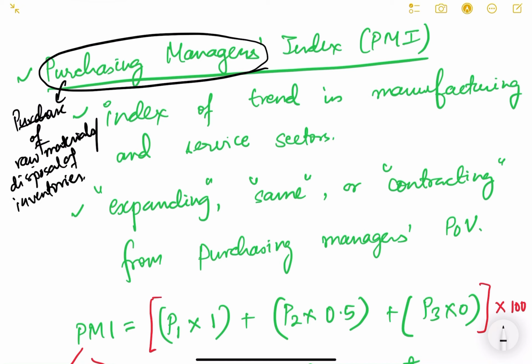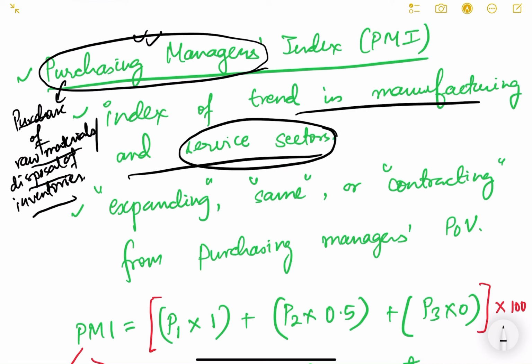So they are known as purchasing managers. People who have worked in the private sector may know about this. So the purchasing managers index is an index of trend in the manufacturing and services sector. Both manufacturing and service sectors are included here.